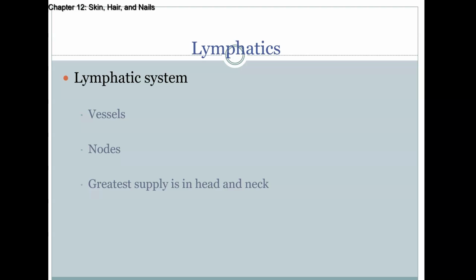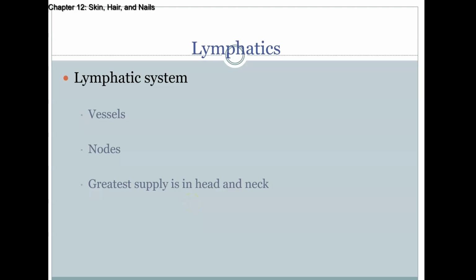So that's the reason why you're assessing, like you're walking down the yellow pages with your fingers. You use a little walking motion, and you assess the lymphatic system, the vessels and the nodes. The greatest supply is in the head and the neck. And those are the parts that you'll see that you're assessing.